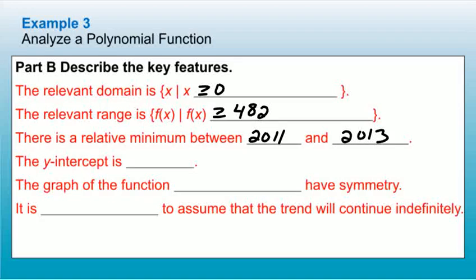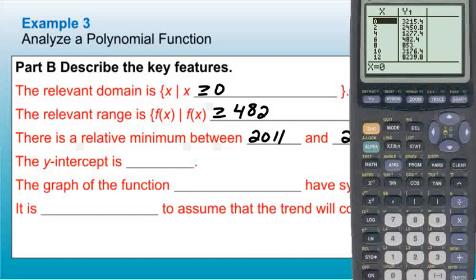And then the y-intercept, where it crosses the y-axis, that's when x is 0. That would be roughly 3,215. The graph of the function does not have symmetry.